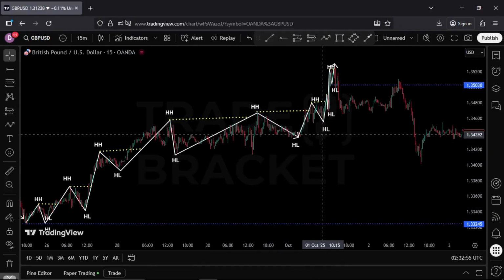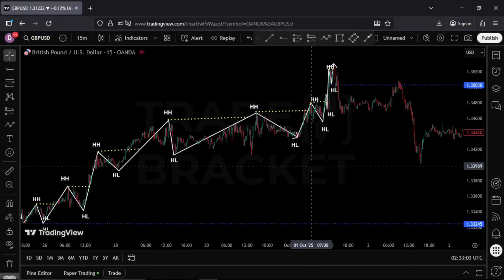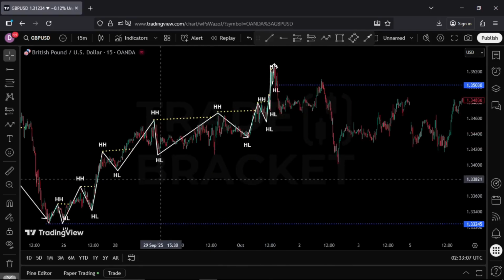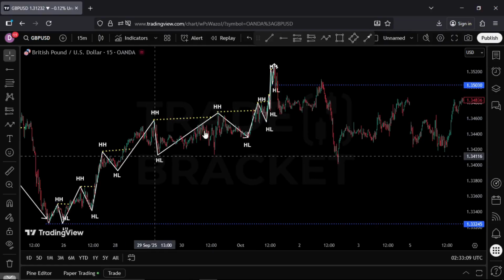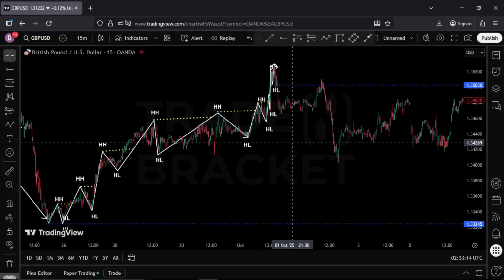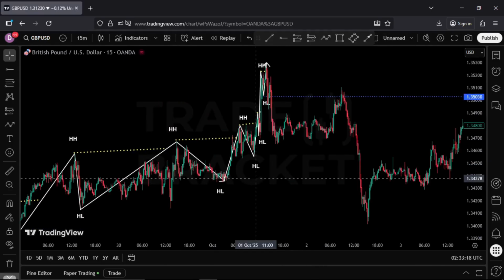All right, and then it pushed all the way until 1st October 2025. And my whole point is this pullback right here took some time to form, and you don't want to be on your charts just to wait for this pullback to form, and that's where alerts come in handy. Okay, that's the reason why we use alerts.